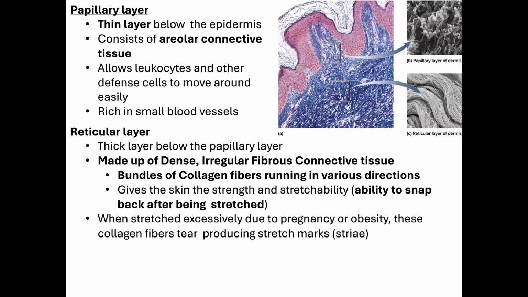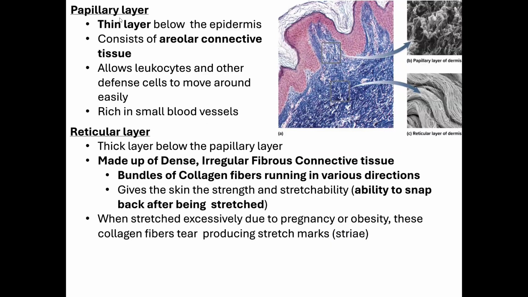Okay, let me just finish this epidermis and we'll stop. So the dermis has got two layers. There's a papillary layer, which is just under the epidermis. It's thin. And there's a lot of areolar tissue, which means there's a lot of spaces, there's a lot of blood vessels.